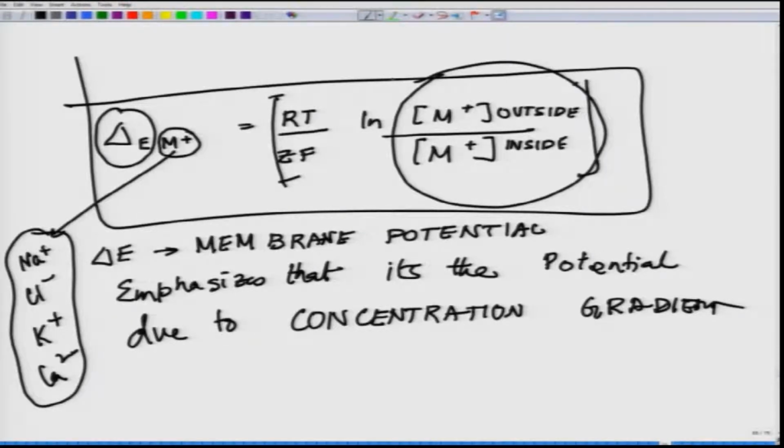The reason to put M outside to M inside is because now we are switching gear for a biological cell, where you have different concentration outside and inside the cell.